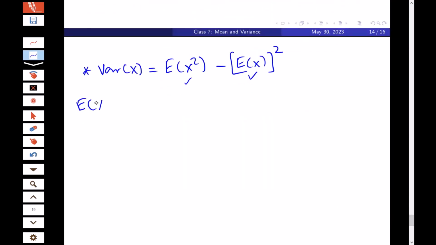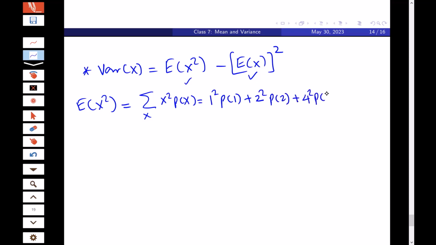So E(X square) is, from the definition, x square times P(x), which is 1 square P(1) plus 2 square P(2) plus 4 square P(4) plus 8 square P(8) plus 16 square P(16).